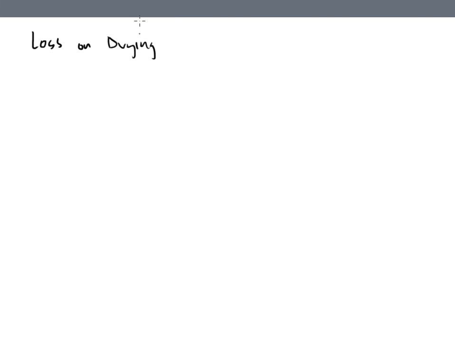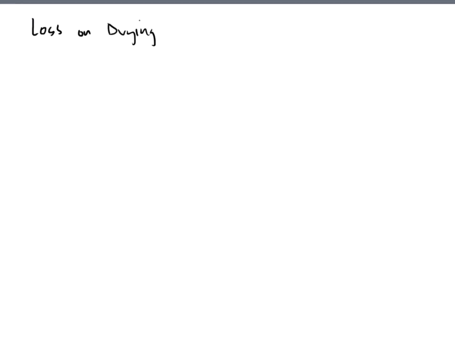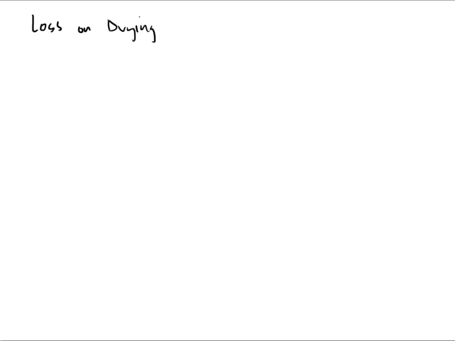Okay, so as many people, we are somewhat lazy when it concerns writing down these things. Who wants to write loss on drying all the time? So what we do is that we have an abbreviation that we like to use for loss on drying, and that's LOD.